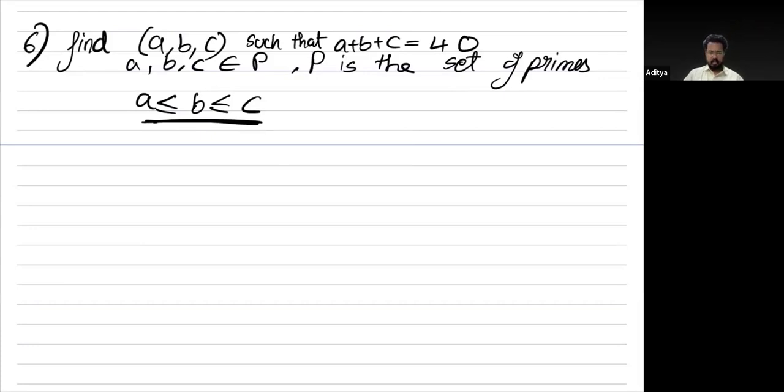Ayush, correct. The number of solutions is correct. Anirudh, correct. Very good.